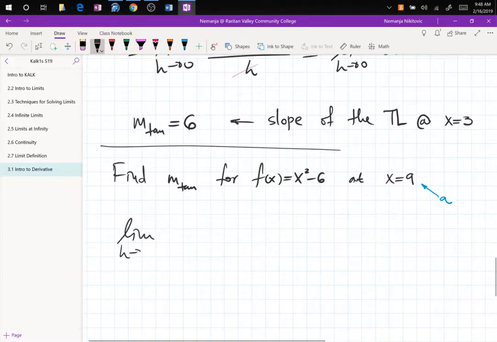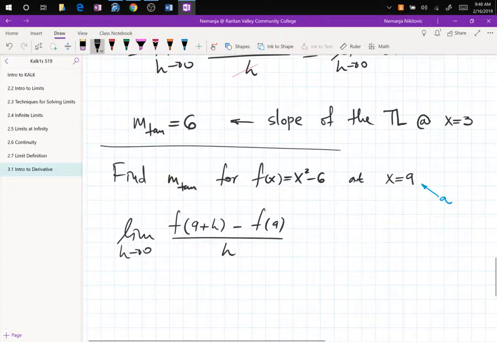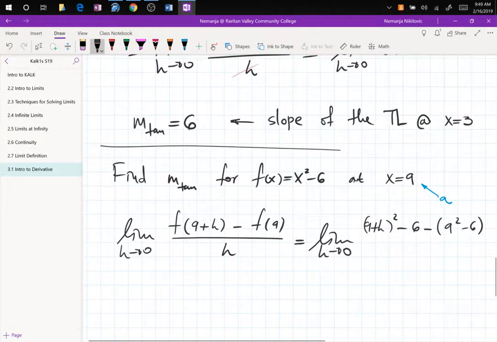Limit h goes to 0 of f of 9 plus h minus f of 9, divided by h. This will be limit h goes to 0 of 9 plus h squared minus 6, minus, and we have 9 squared minus 6 there.